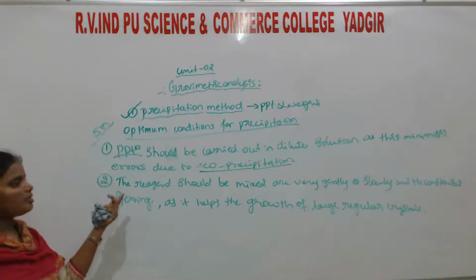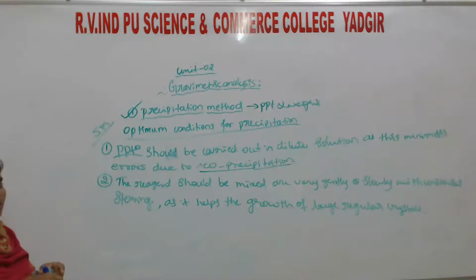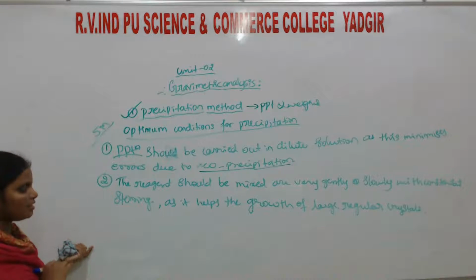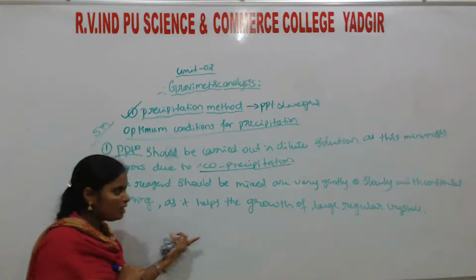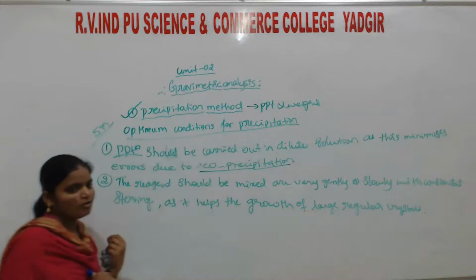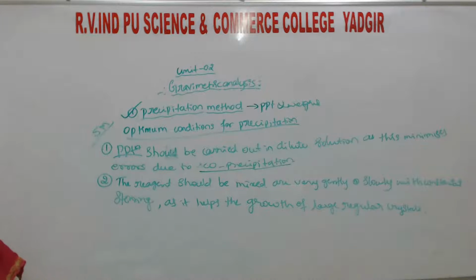You are adding the precipitating reagent slowly, drop by drop, with constant stirring, and it helps the growth of large regular crystals.